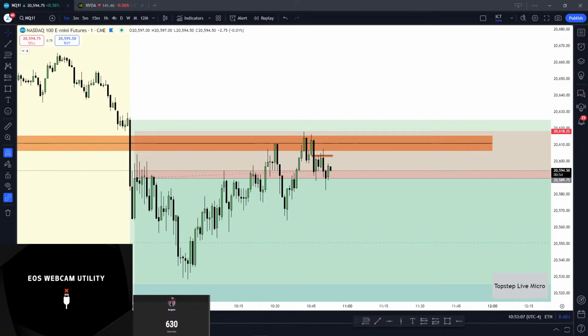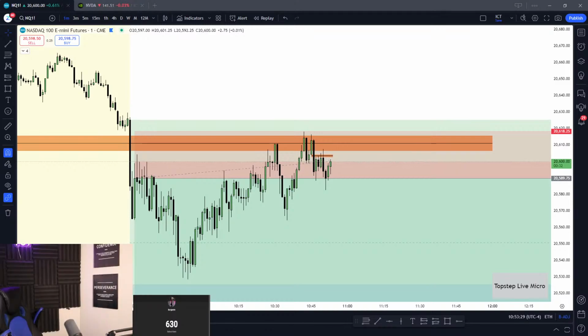Okay, put a new battery pack in now. I hope we just displace to the downside. I cannot see anything. Probably consolidating, not gonna lie.